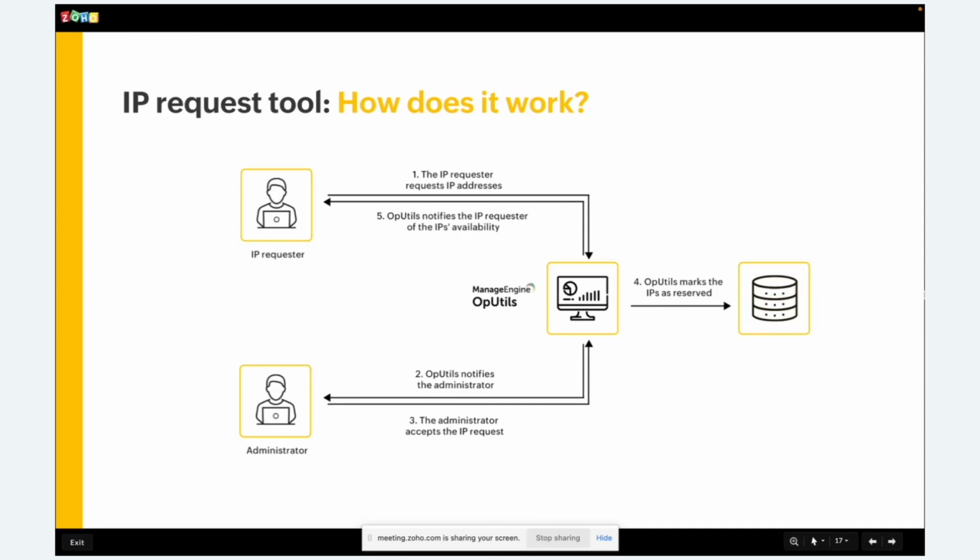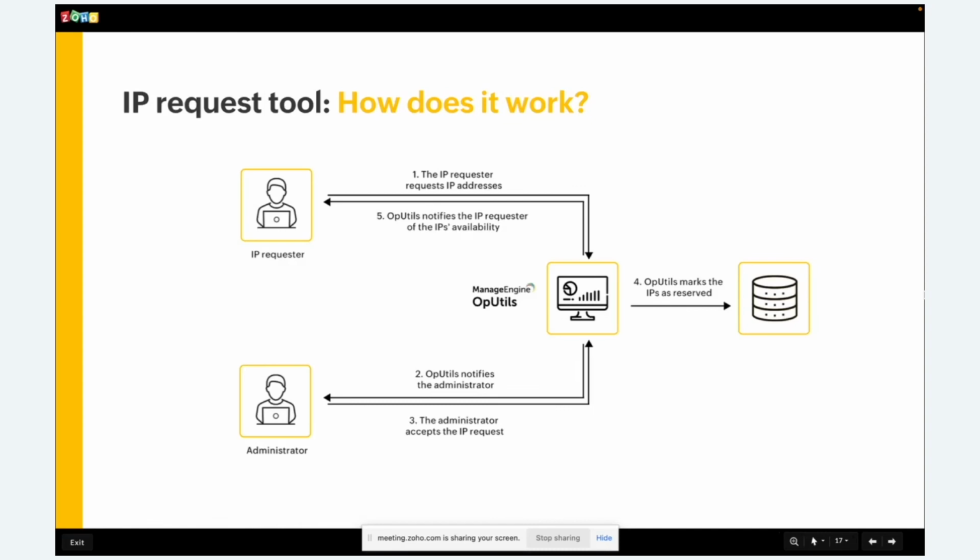But in this process, OpUtils makes an important step. Whatever IP is allocated to whatever IP requester, OpUtils marks the status of that particular IP as reserved in its database. So this makes the whole process of separating static and dynamic allocation much simpler.